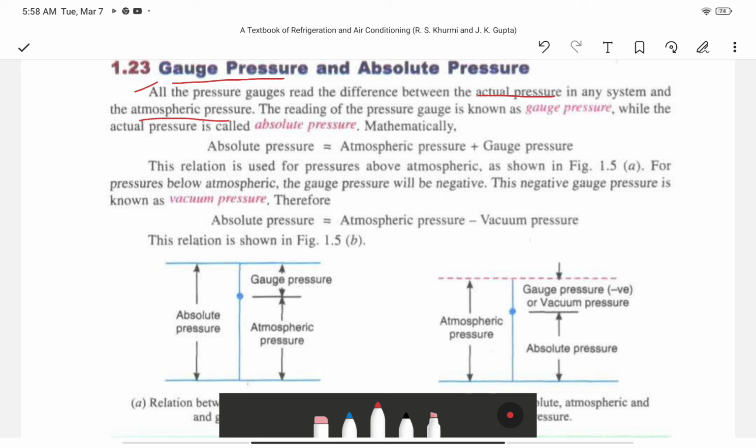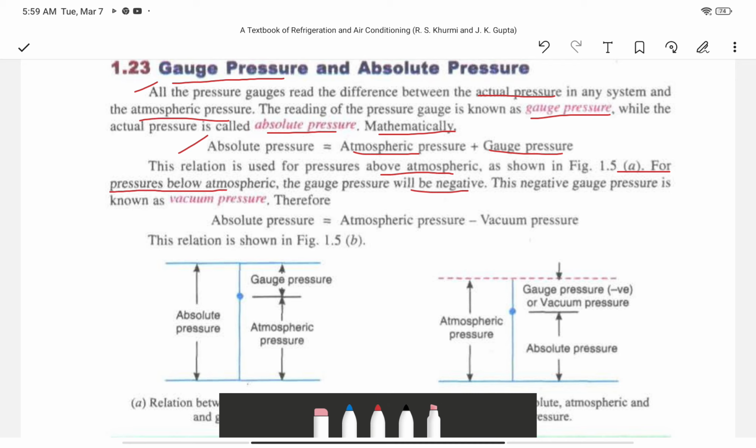The reading of the gauge is known as gauge pressure, while the actual pressure is called absolute pressure. Mathematically, absolute pressure is equal to atmospheric pressure plus gauge pressure. This relation is used for pressure above atmospheric as shown in figure 1.5a. For a pressure below atmospheric, the gauge pressure will be negative.